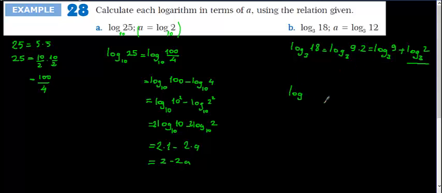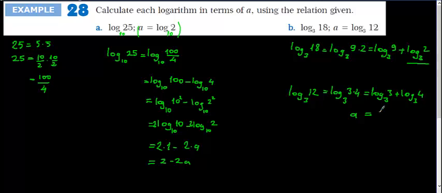Logarithm base 3 of 12, I'm going to write in terms of 3 and 2 again. It's going to be equal to logarithm base 3 of 3 times 4. It's going to be equal to logarithm base 3 of 3 plus logarithm base 3 of 4. And this expression is going to be equal to a, we know that one.